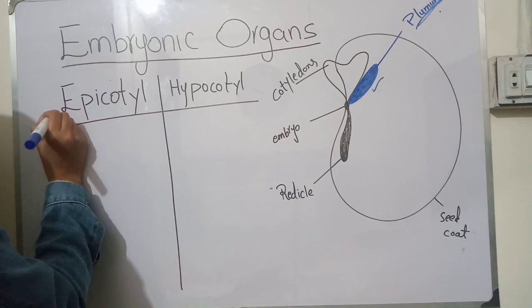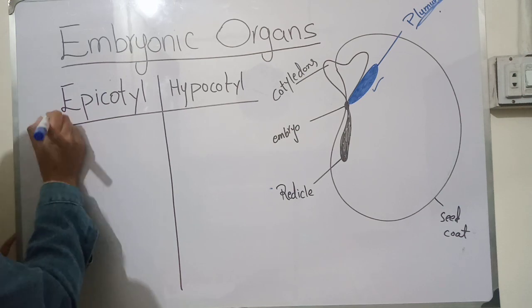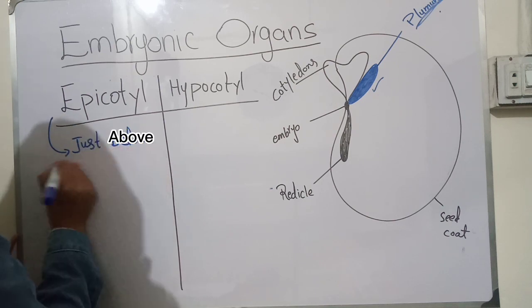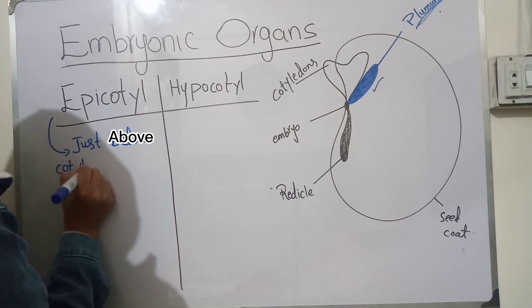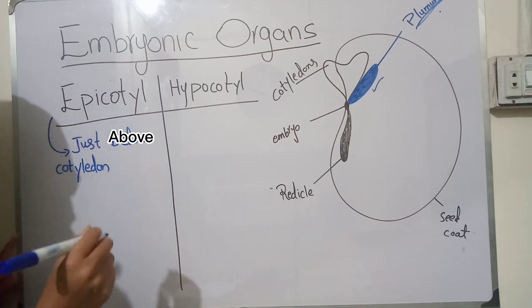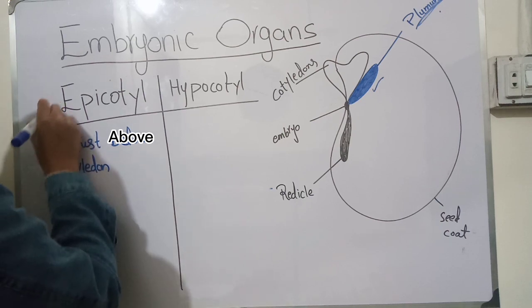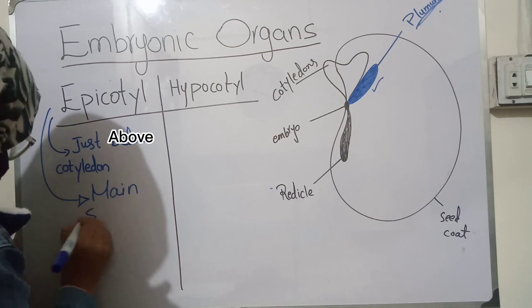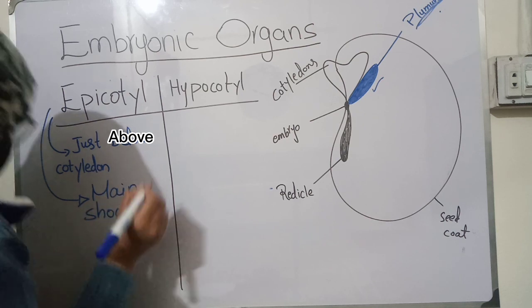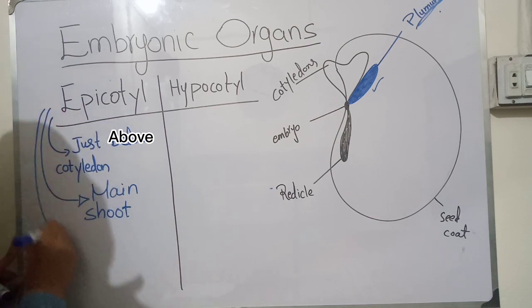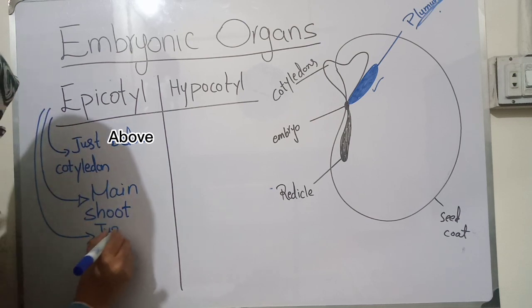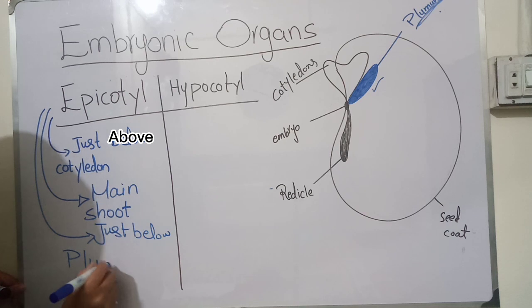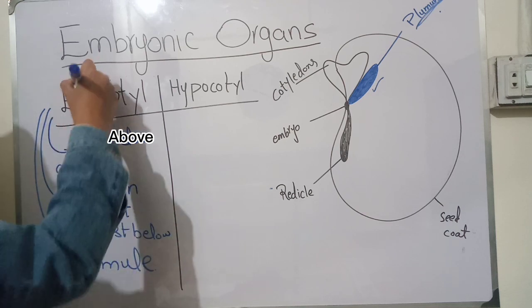It is the part of the plant embryo which is just above the cotyledon, and it forms the main shoot. It is present just below the plumule.